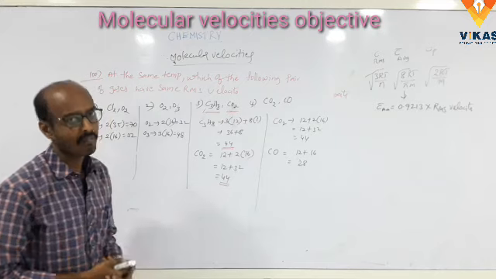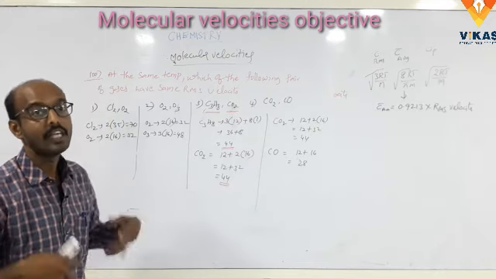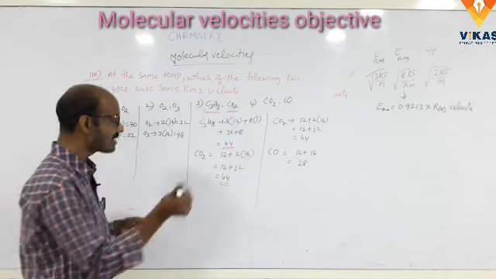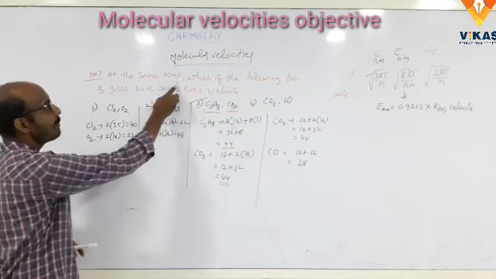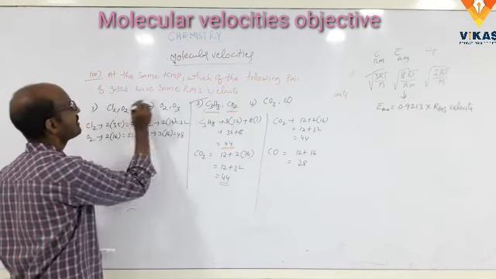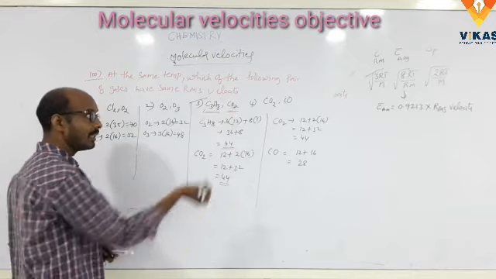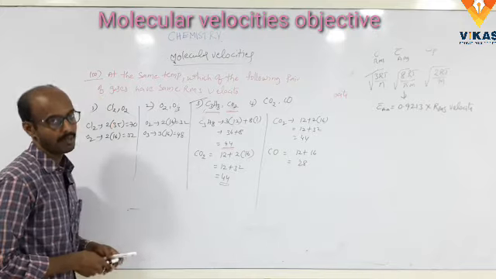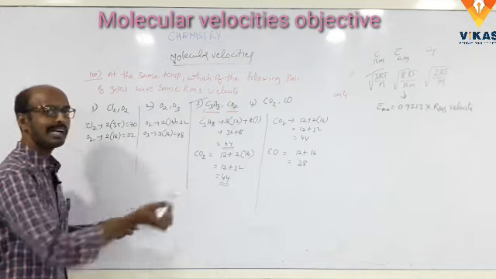Any pair of gases with equal molecular mass have the same RMS velocity. So the answer is C3H8 CO2. Why? The two gases have the same molecular mass, so the same RMS velocity. The third option is correct.